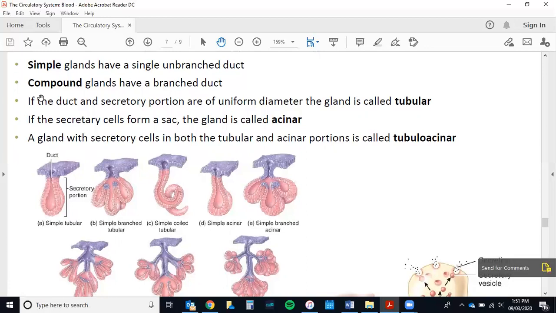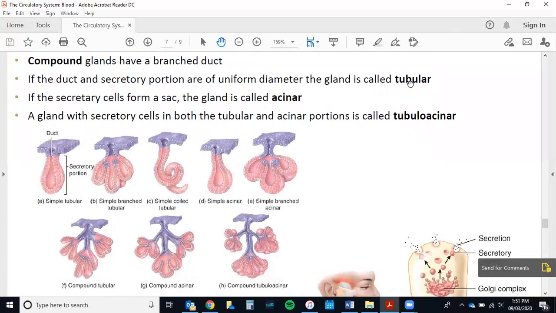And then there's a second term, and that's tubular or acinar. If the duct and the secretory portion are of uniform diameter, the gland is called tubular. So if this width and this width are basically the same, we can call it tubular. There's branched tubular versus just tubular, same thing; there are just multiple portions to the secreting portion.